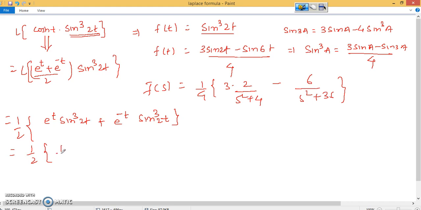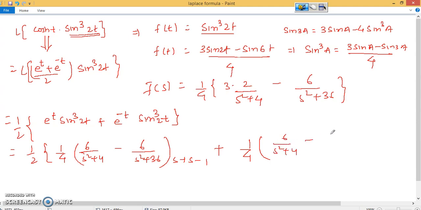So you can write 1 by 4 into 6 by s square plus 4 minus 6 by s square plus 36, and this we have to replace with s minus a. A is what? 1 here. Plus similarly 1 by 4 into 6 by s square plus 4 minus 6 by s square plus 36, and here you can replace s with s minus 1, that is s plus 1.